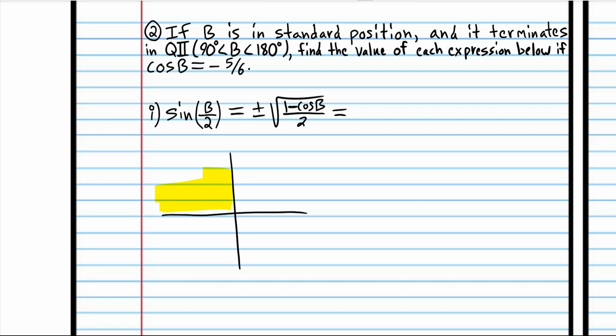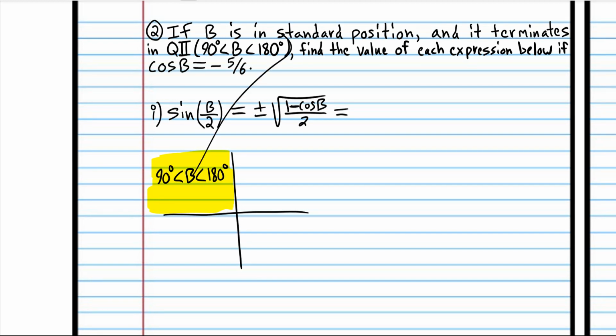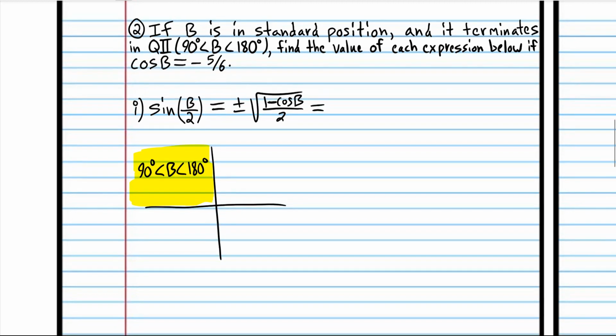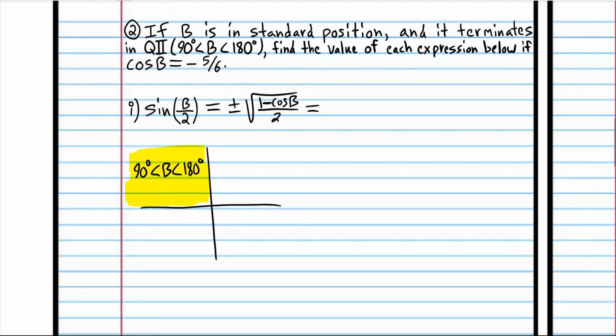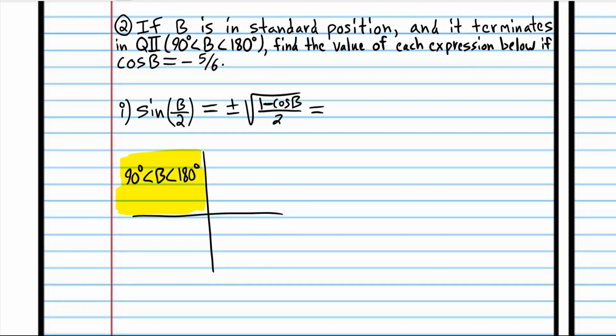So what that means is that B has to be between 180 and 90 degrees. At least in this case, we're told that right from the beginning. And we want to know what quadrant B over 2 terminates in.